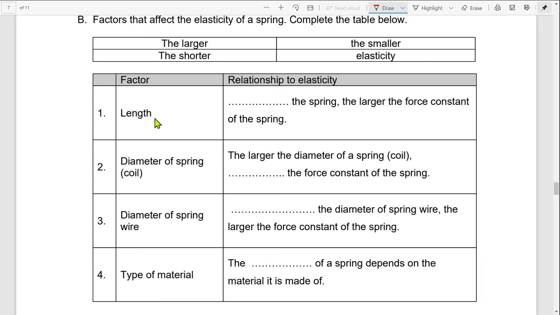So let's see the length first. Here, the shorter the spring, the larger the force constant. For the diameter of the spring, the larger the diameter of the spring, the smaller the force constant.